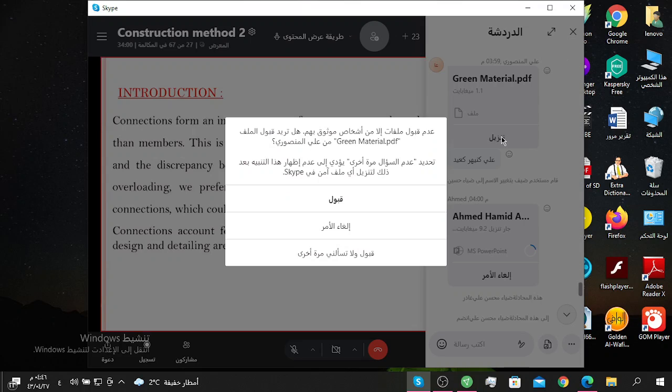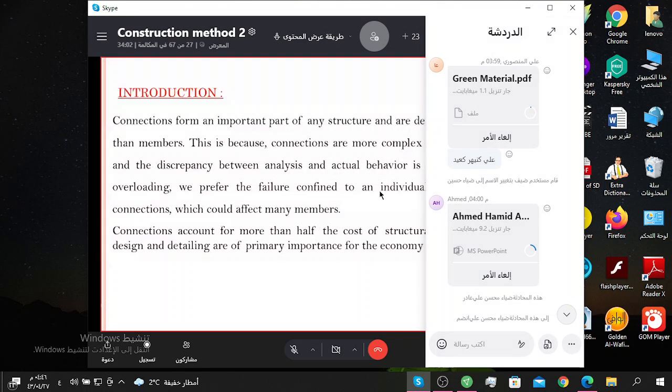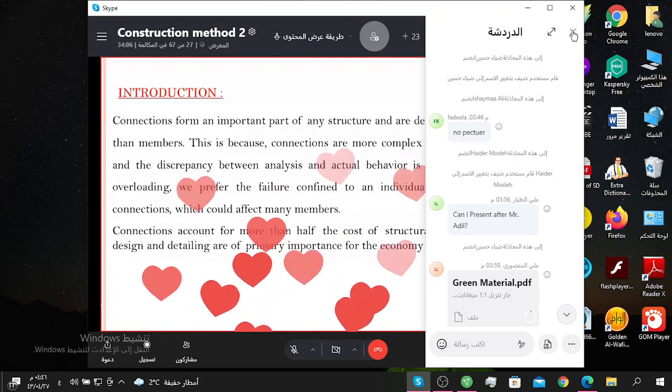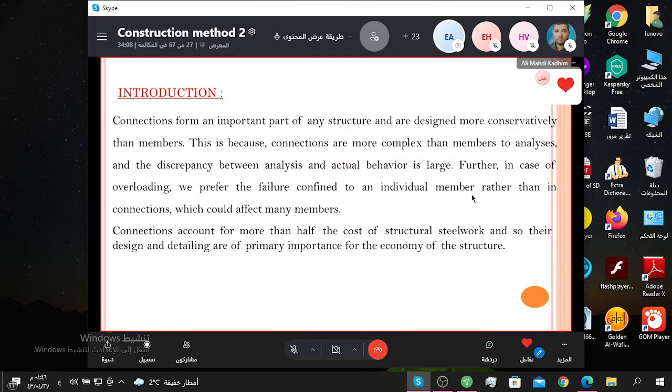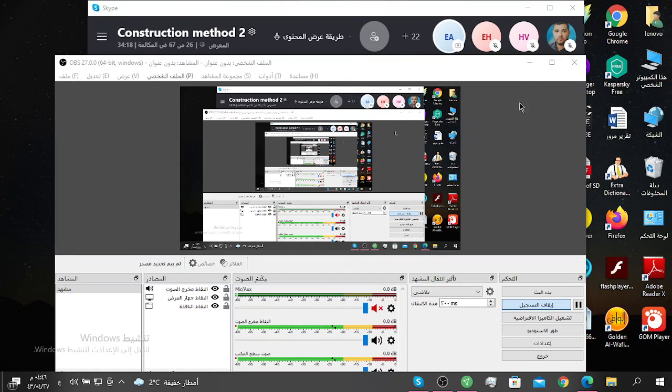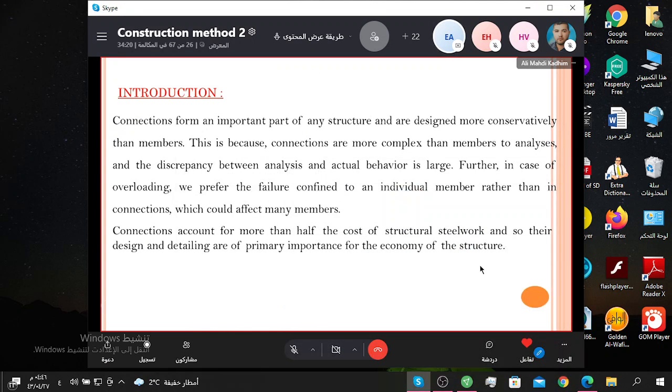Further, in case of overloading, the failure is confined to an individual member rather than a connection, which could affect many members. Connections account for more than half the cost of structural steelwork, so their design and detailing are of primary importance for the economy of the structure.